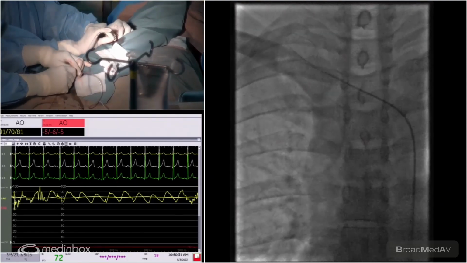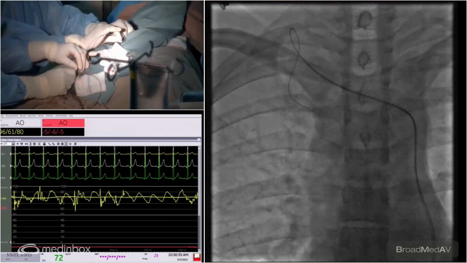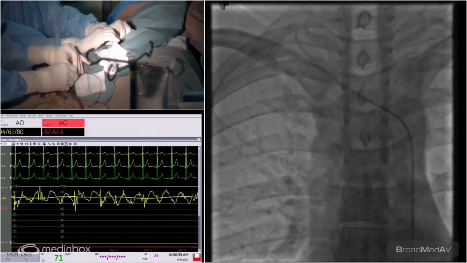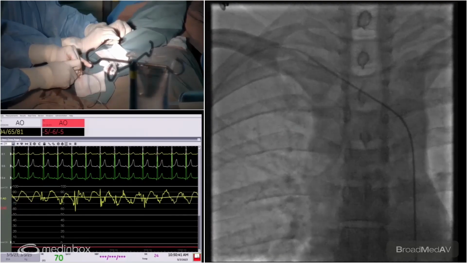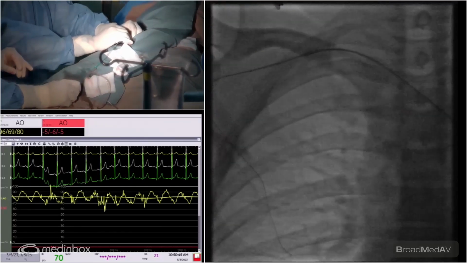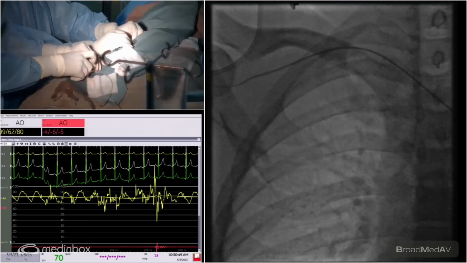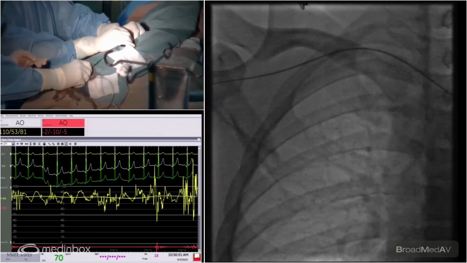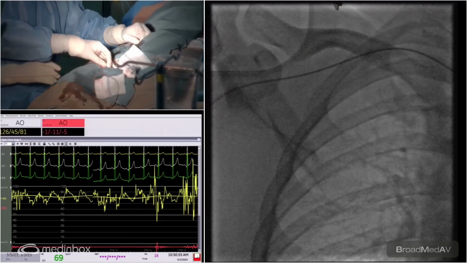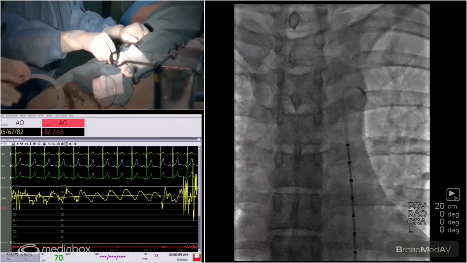So it may be a good idea to go in, let's go inside a little bit more. It's entering the internal mammary artery. Okay, it's going into one of the lateral thoracic arteries. Because the anastomoses around the scapula are quite dominant, we have an Amplatz Super Stiff guide wire.